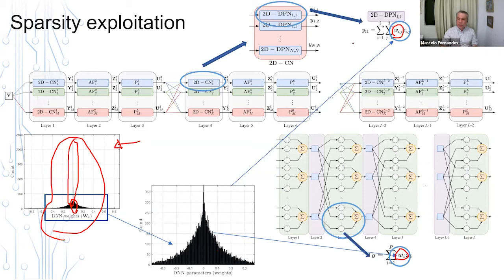If we remove some weights, we can accelerate the process. We don't need to change the structure or the hardware, but we can accelerate because we don't need to compute all the weights.